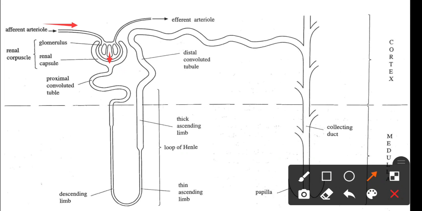Now, in fishes, it has been seen that the GFR is high in fresh water, but it drops by about 90% when the fish is transferred to seawater.